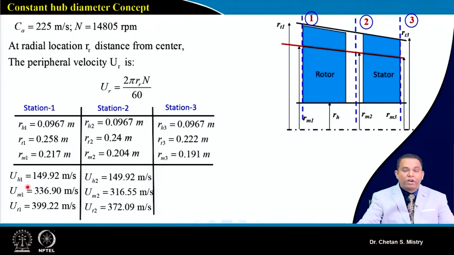At location 1 we will have u, which will be different. In the same way for mid station these dimensions will be different. And this is my station 3, the exit of the stator, where we are not considering any peripheral speed. So we need to be very careful in calculating the peripheral speeds.